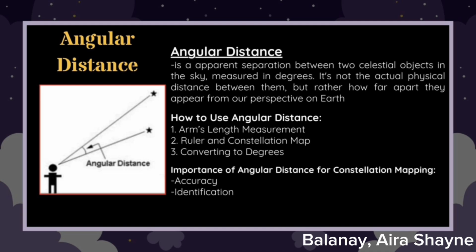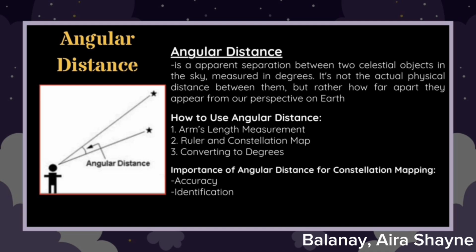This provides a rough but effective way to gauge how far apart two stars or objects are in the sky. For example, if two stars appear to be about the width of your pinky apart, they are approximately 1 degree apart.